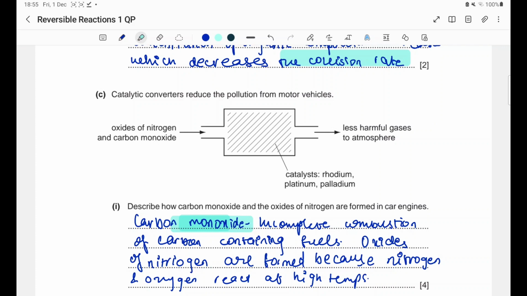Oxides of nitrogen are formed because nitrogen and oxygen react at high temperatures, and the engine has a high temperature, so they end up reacting and forming the oxides of nitrogen. It is easier for me to remember that carbon monoxide is formed by the incomplete combustion of carbon-containing fuels. However, you can use words like petrol or fossil fuel if that is easier for you to remember. I think it's easier to remember incomplete combustion of carbon-containing fuels forms carbon monoxide.